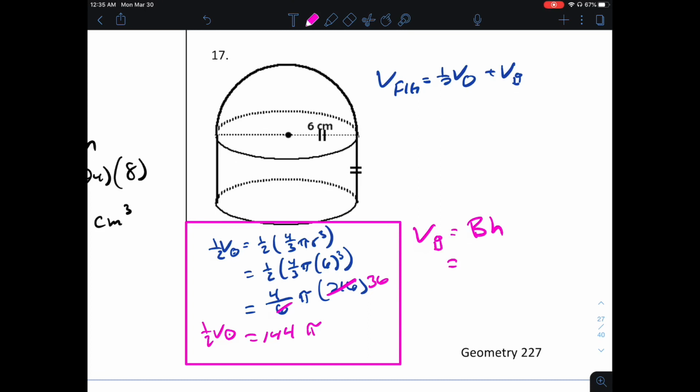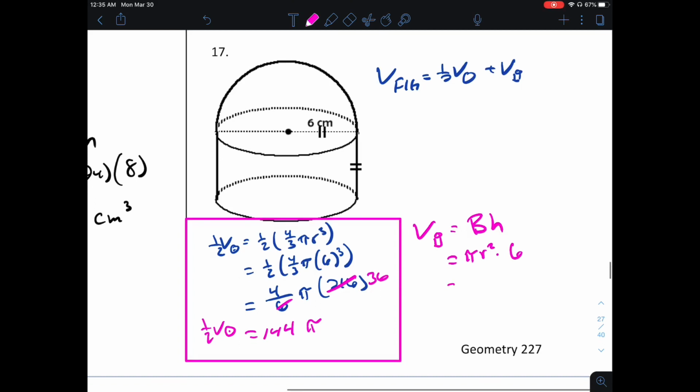The base, which is a circle, is pi r squared. The height is 6. So it's going to be pi times r, the radius, that is 6 times 6. 6 times 6 times 6, we already said was 216. So the volume of this little fella is 216 pi.